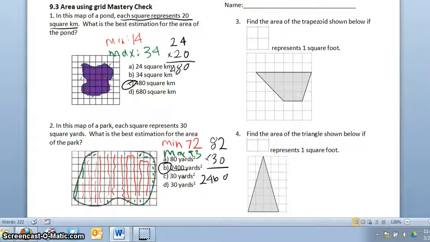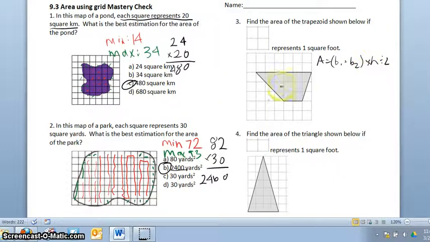All right, let's look at 3. Find the area of the trapezoid shown below if 4 squares represent 1 square foot. Okay, so let's first find how many squares are inside this trapezoid by using the formula area equals base 1 plus base 2 times the height divided by 2.